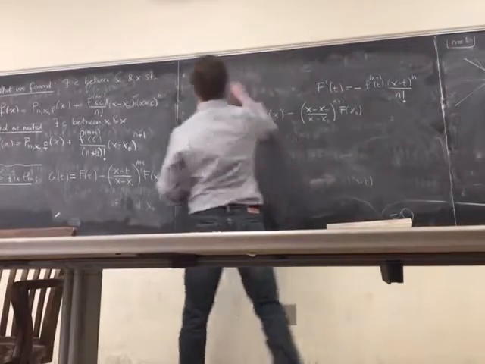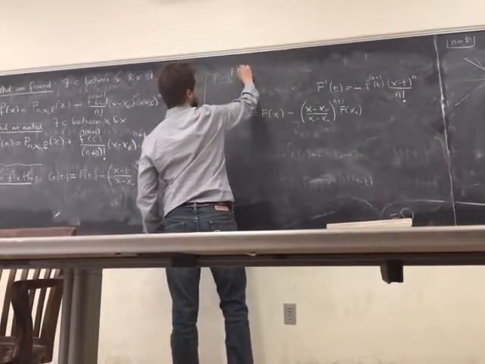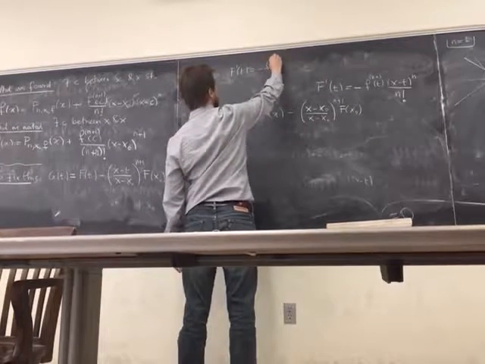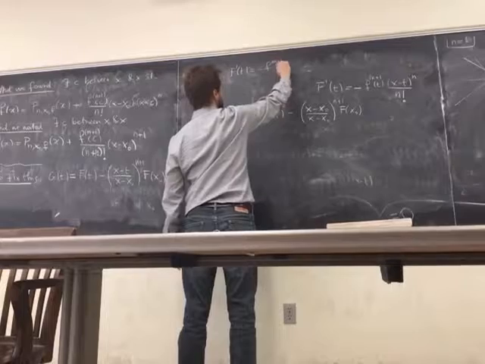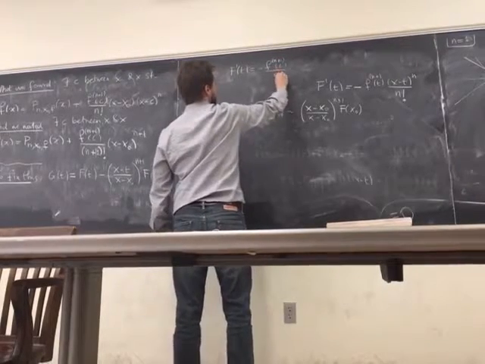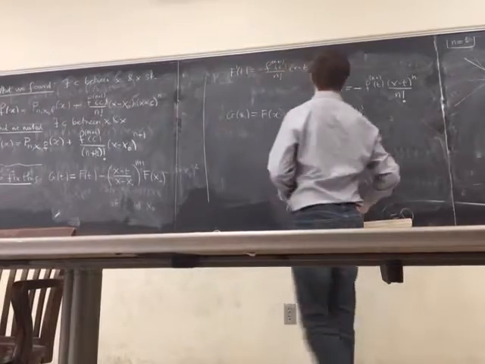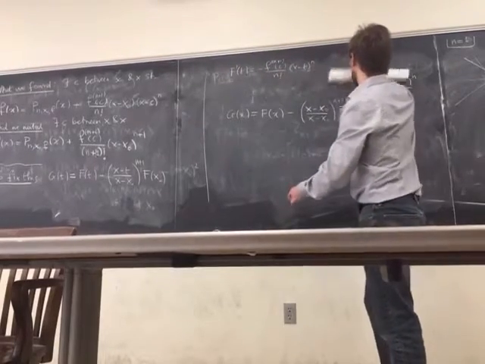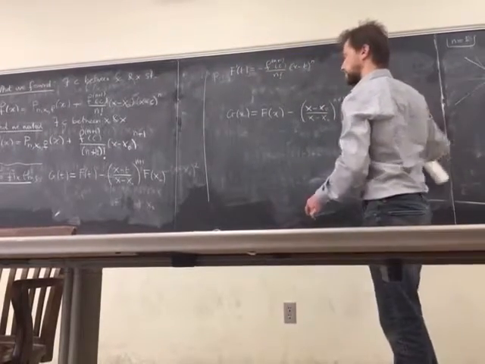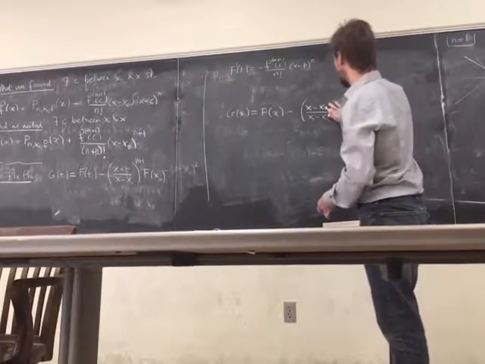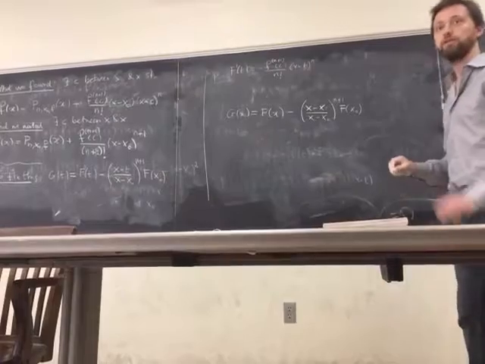Let me put this up here. That's something we already computed and it's going to be useful. Sorry, that's f of x minus 0. Yes, that's what you got here, thank you.